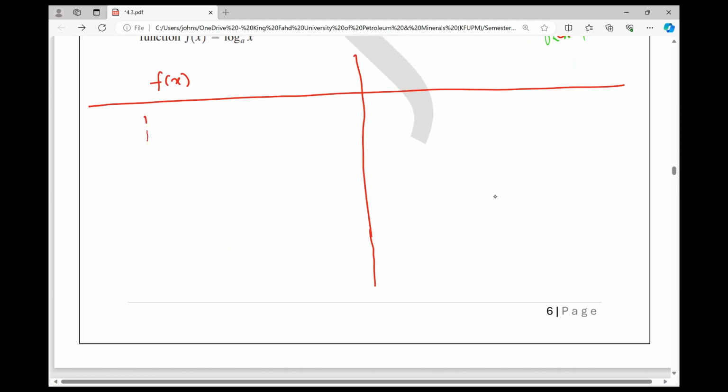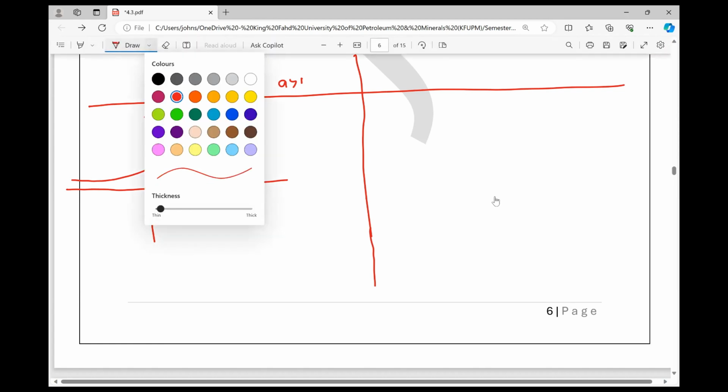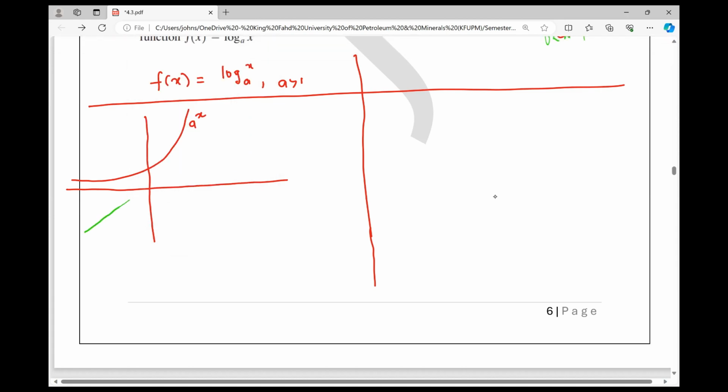Let's start with the graph of f of x equals a^x. Here we want to find the graph of log_a x when your a is greater than 1. It means we have to reflect this graph across the line y equals x.